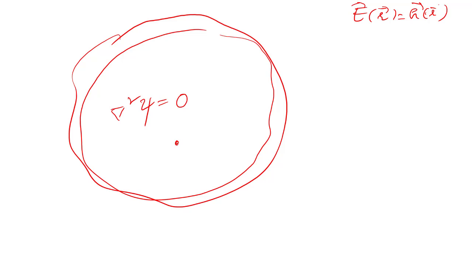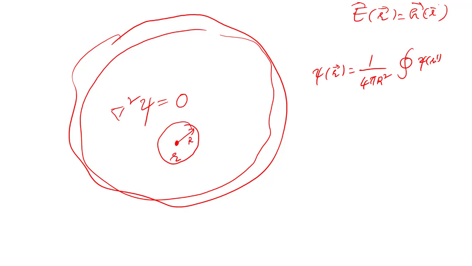So if I take one particular point R, and I want to know the psi of R, then from the mean value property, if I go around a sphere of radius R, I can write this as 1 over 4 pi R square integral of psi of R prime dA prime.